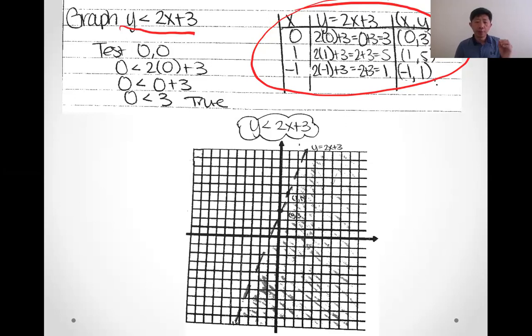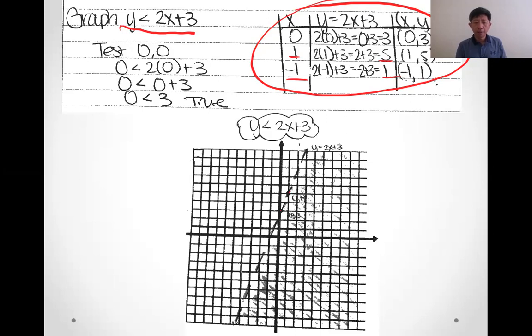If x is equal to 1, then y is equal to 5, right? 1, 5. If x is equal to -1, then y is equal to 1, right? Okay. So now we have 3 points, all right? 0, 3 right here. 1, 5 right here, right?